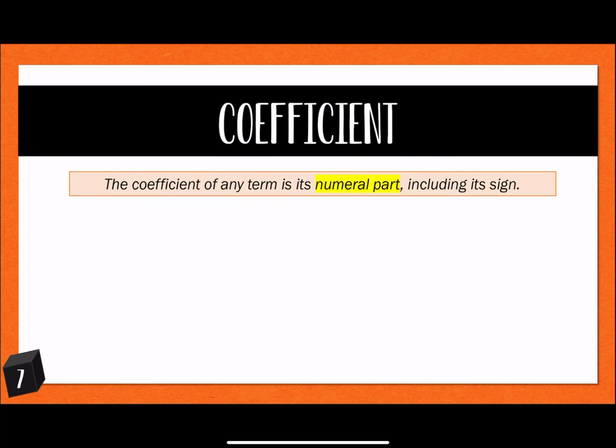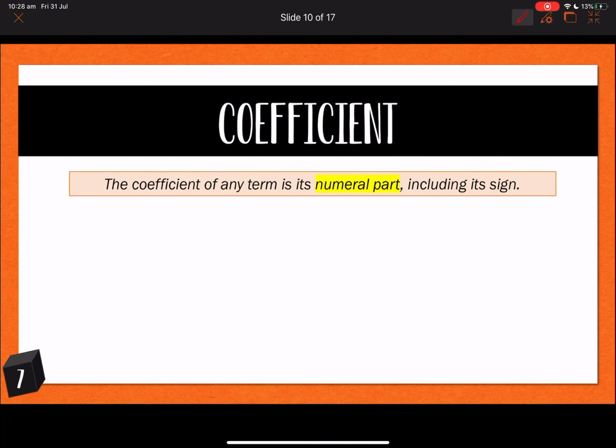Now, another thing to keep in mind is a coefficient, and the coefficient is just the numeral part in the sign. I'll show you using the same expression we had. 5x take 7xy take away, I'm going to make it a little bit different, take a plus a, okay?